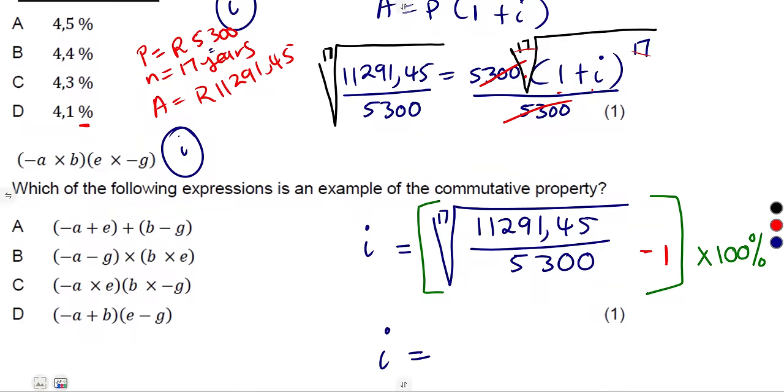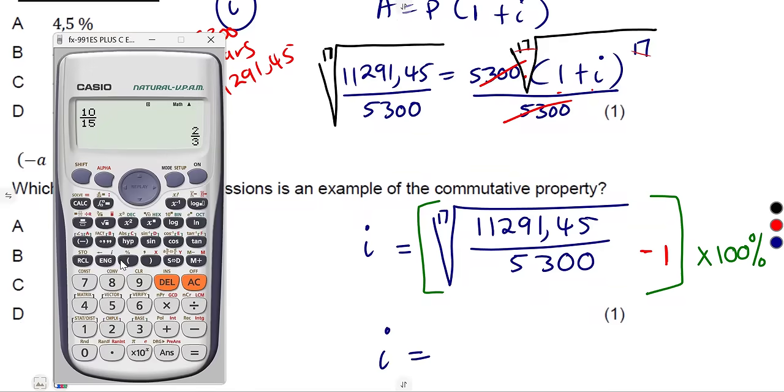Okay, so how do I simplify? This is my calculator. So I'm going to open the bracket. All right, we need the 17th root. So we press shift on this x to the exponent. It's going to give us the option where we can put the 17 inside like this. Then we put a fraction.